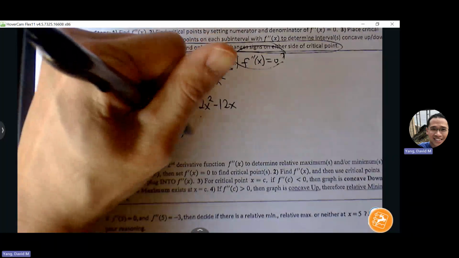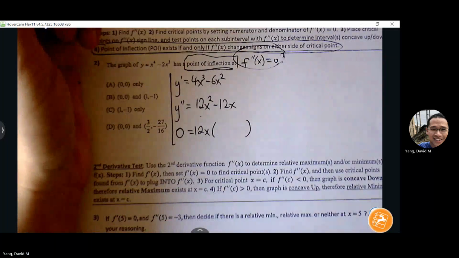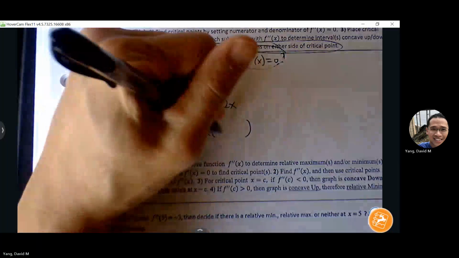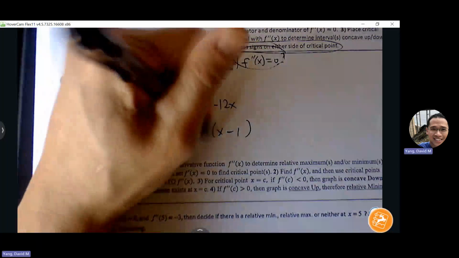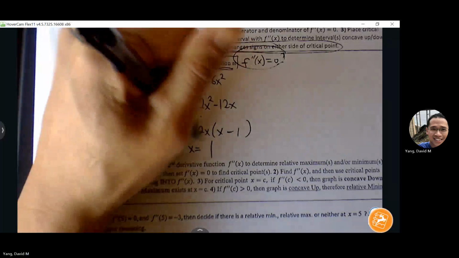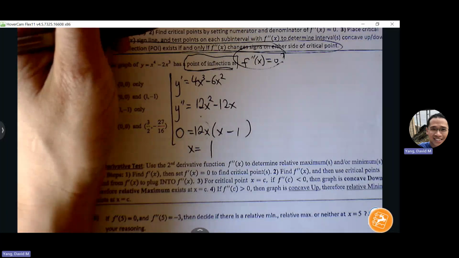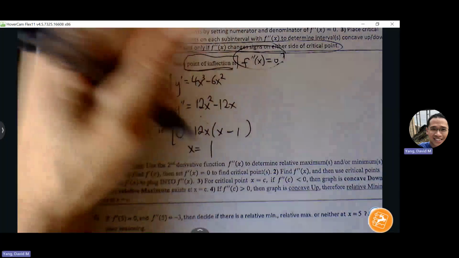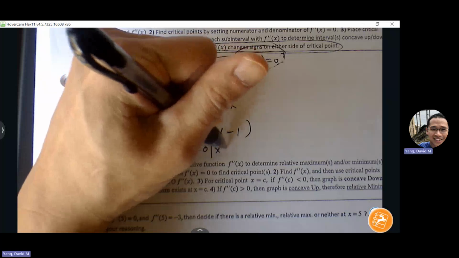I can factor out a 12x. What's left? Just x, right? x minus 1. So I set both equal to 0. 12x equals 0, so x equals 0. If I set x minus 1 equals 0, I get x equals 1.